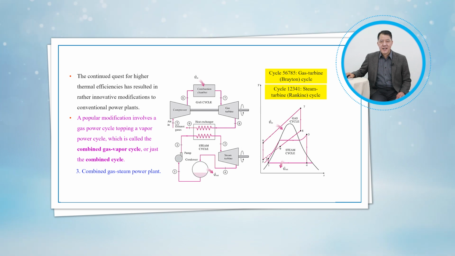The gas leaves the gas turbine at very high temperatures, which erases any potential gains in the thermal efficiency. The situation can be improved somewhat by using regeneration, but the improvement is limited.